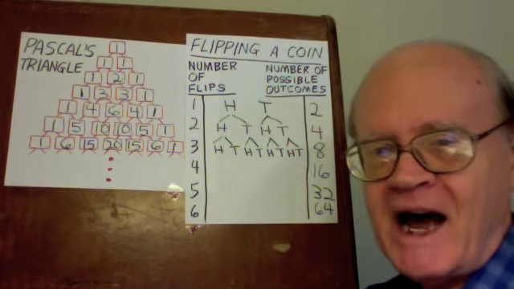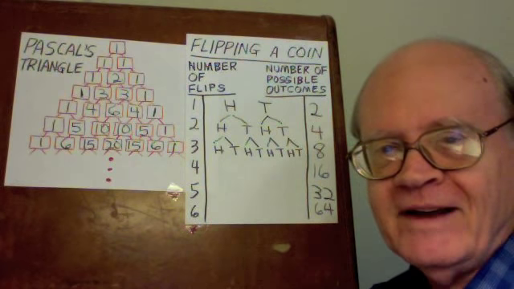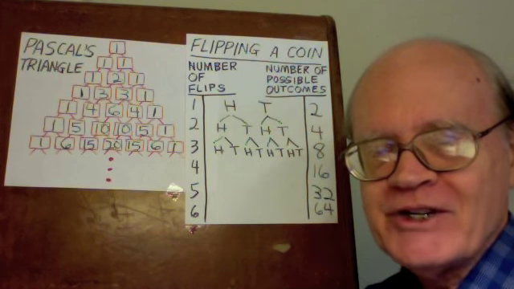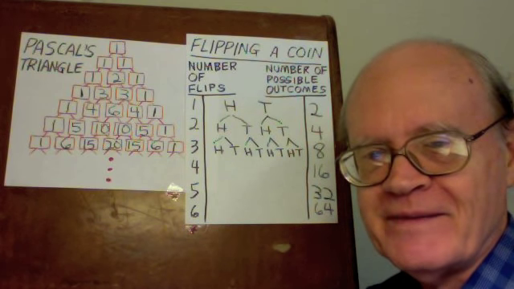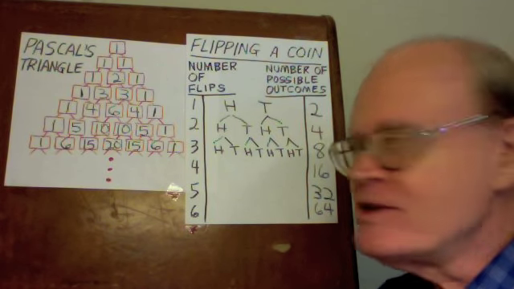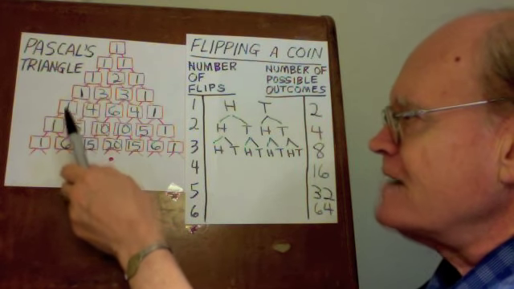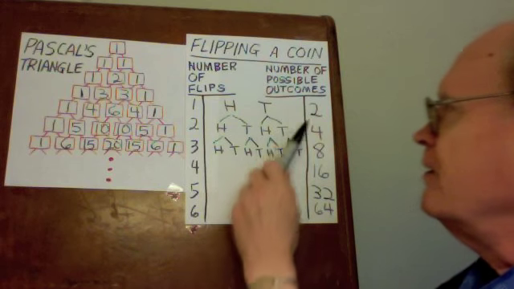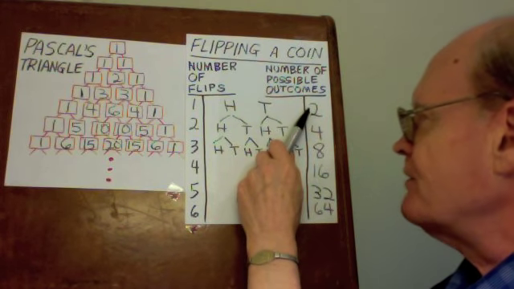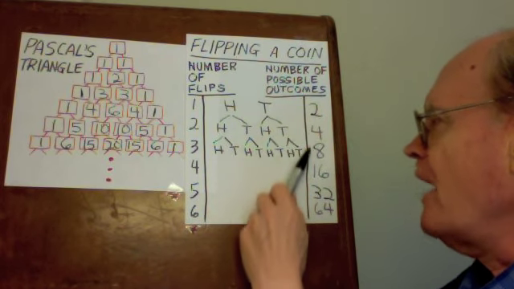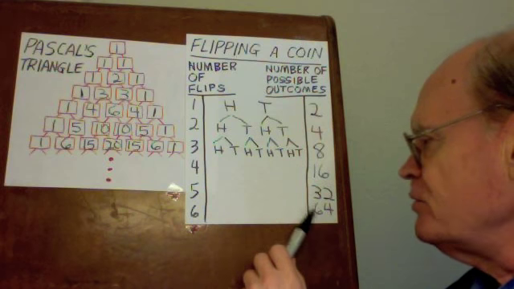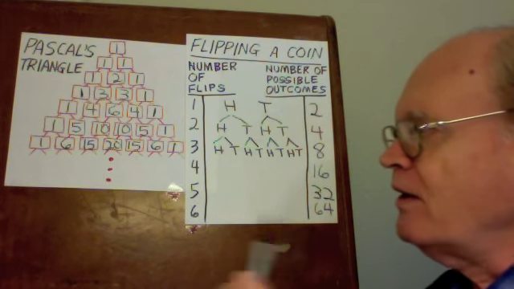Now, here are the 2 lessons side by side. Can you see a relationship between the 2 lessons? Can you see how to get from Pascal's triangle these numbers of possible outcomes of the coin flips? 2, 4, 8, 16, 32, 64, and so on.